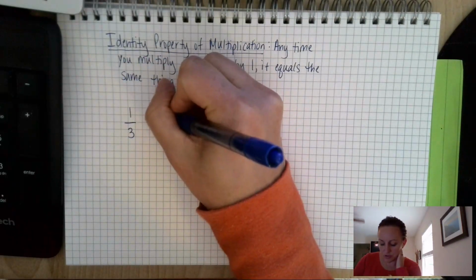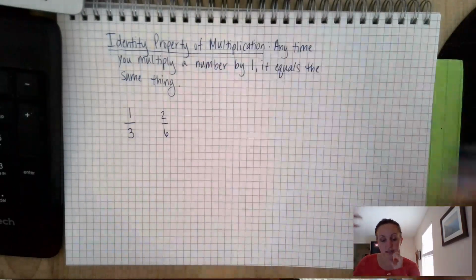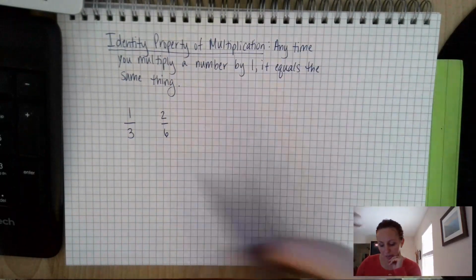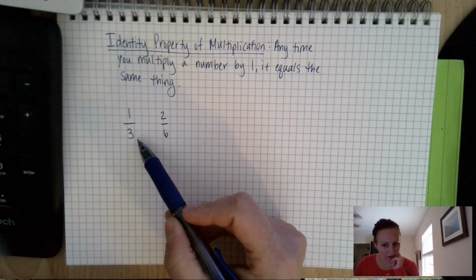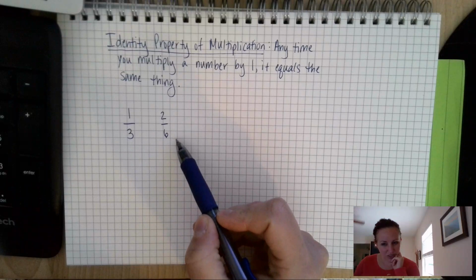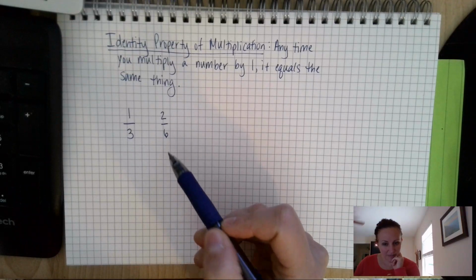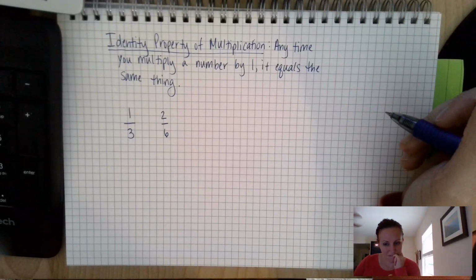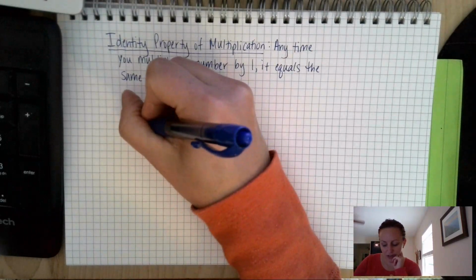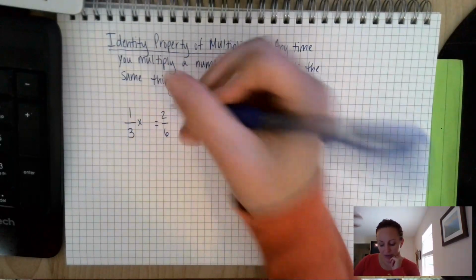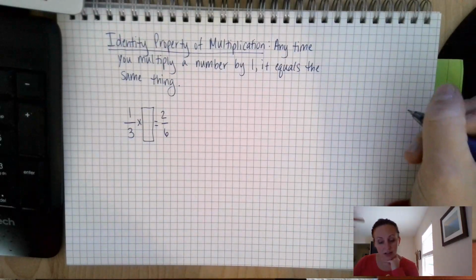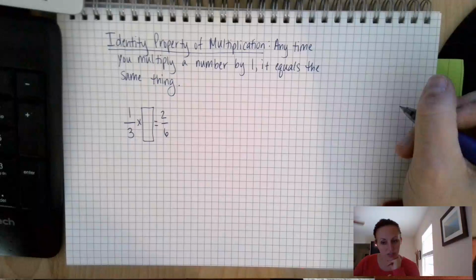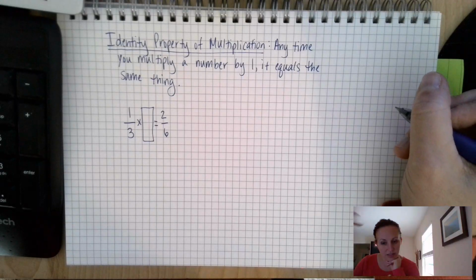If I have 2/6, is there a way I can multiply 1/3 by 1 and get 2/6? I want you to think about that.